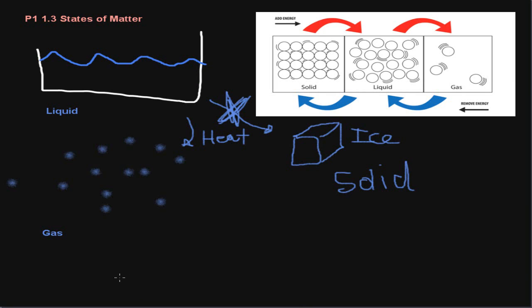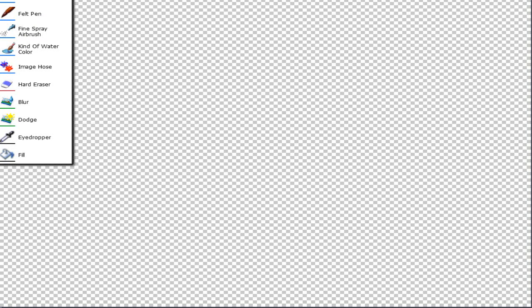Well, how do we describe a state? We can describe a state by its properties. Let's write down the properties first.